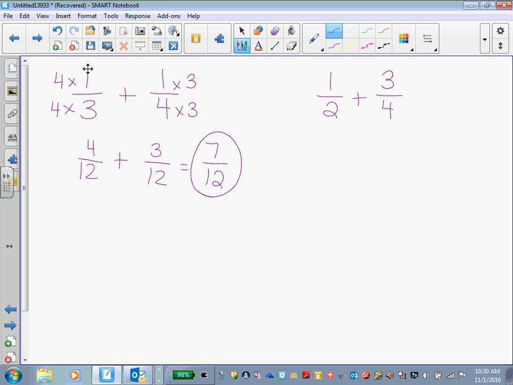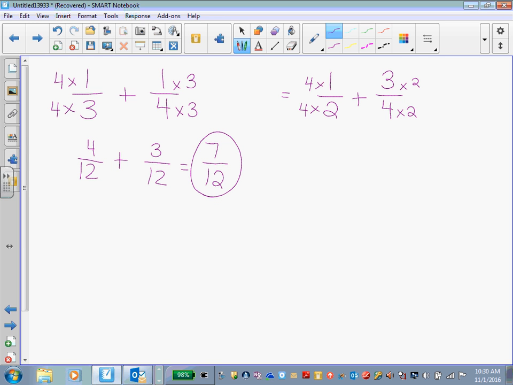Multiply the half by 4. And then let's see, Brian. What denominator am I going to multiply the 3/4 fraction by? By 2. So 4 times 2 and 3 times 2.